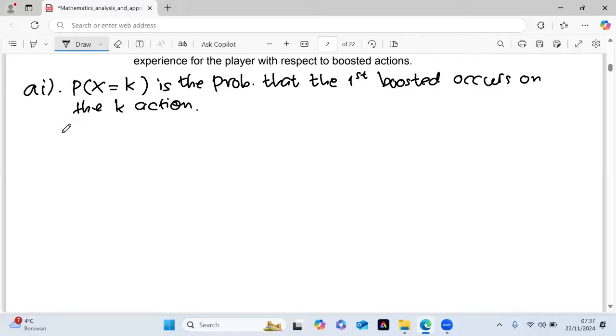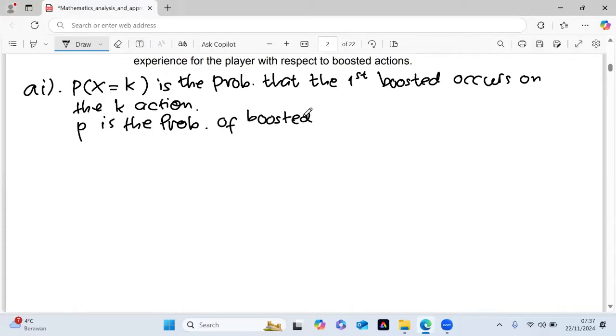After that, p is the probability of boosted.